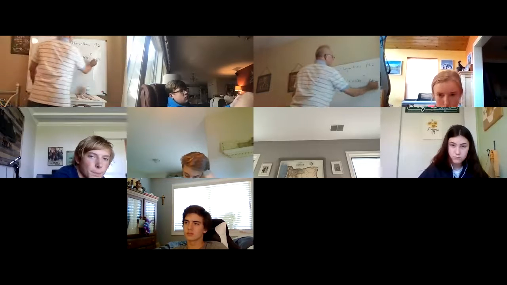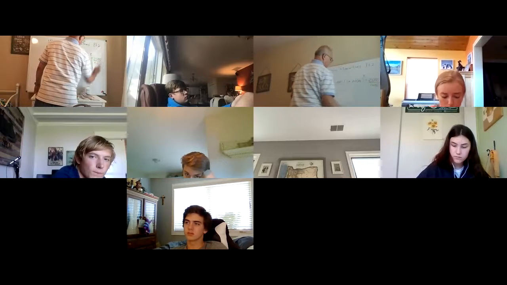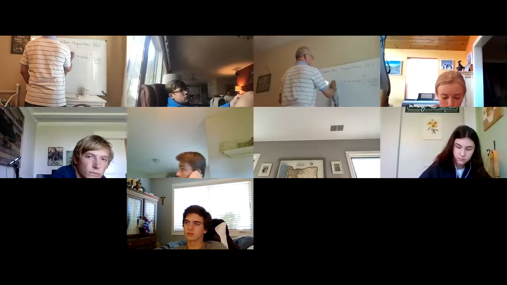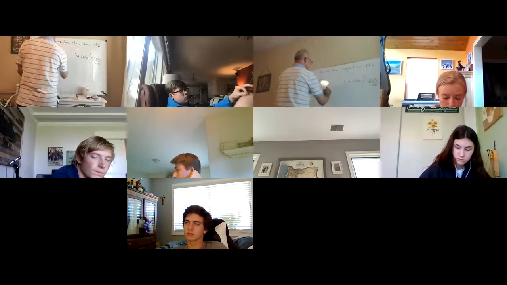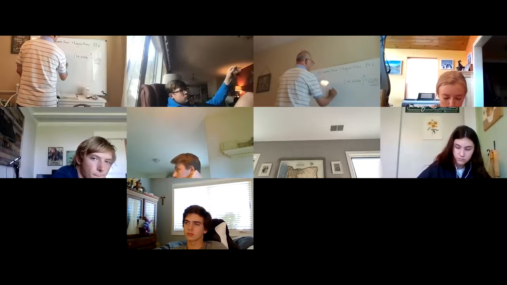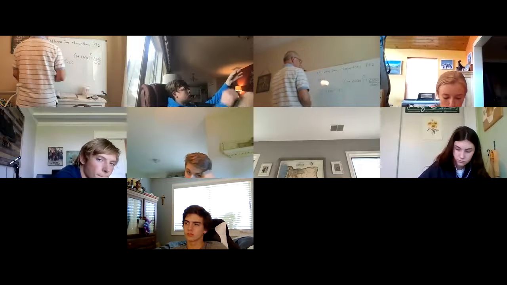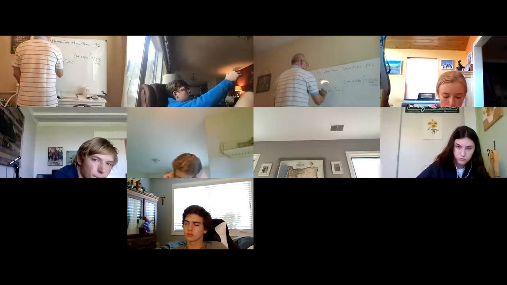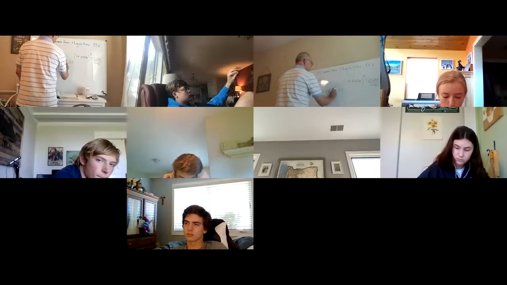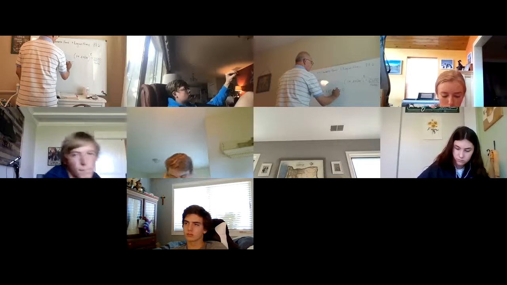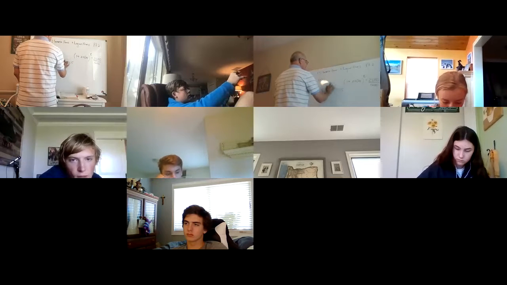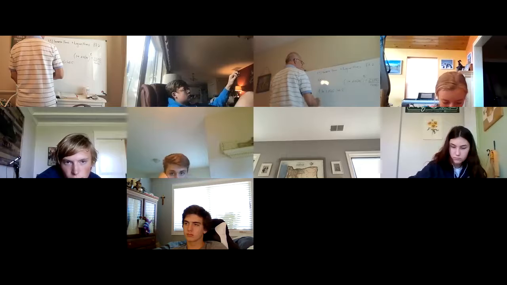If I divide both sides by 1,000, I get that. So I have 1.0525 to the t is equal to 2.5. Take the natural log of both sides. The t falls in front like that, goes to there.